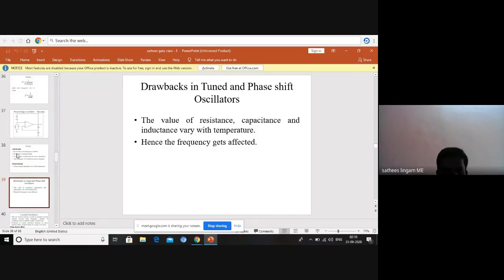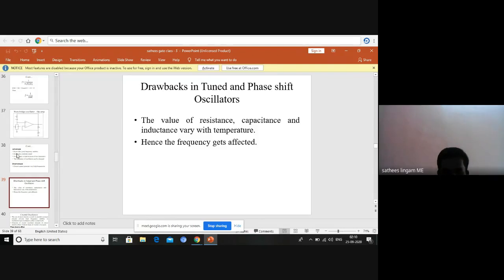A transistor is an electronic device, and the resistor and capacitor are electrical elements. So all these devices and elements are highly affected by temperature variations.